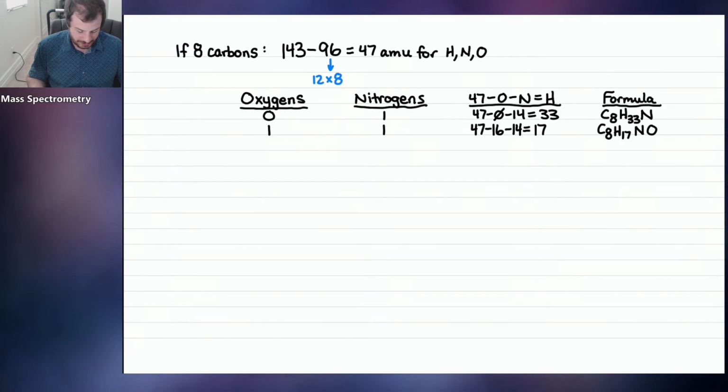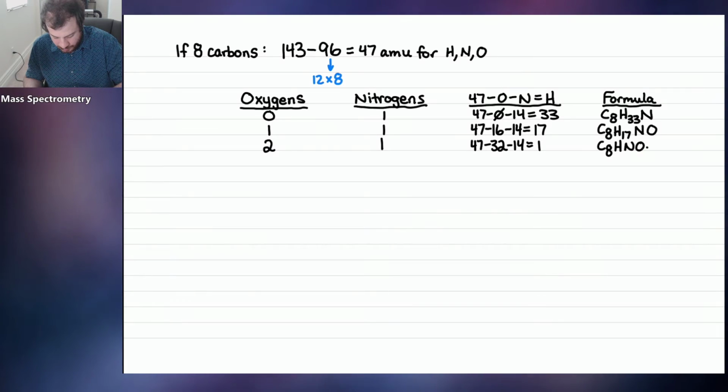Let's try another possibility. Let's say we had 2 oxygens and 1 nitrogen. Then that might be 47 minus 32 for 2 oxygens minus 14 is going to equal 1. So that's going to give us a formula of C8HNO2. And how about, here's a wild possibility.